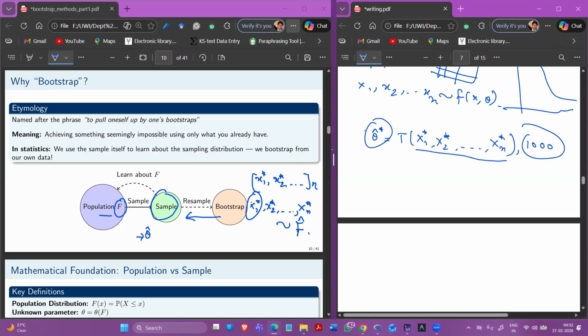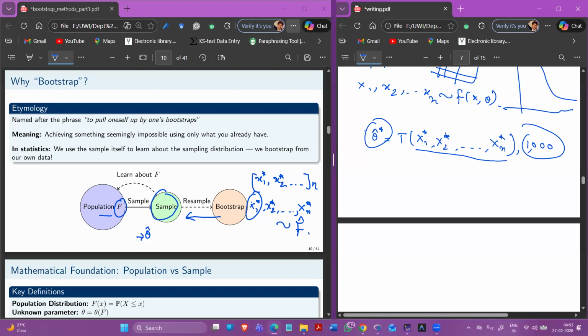At 1000 it will converge, but we cannot say that exactly 1000 is enough or more than enough. Maybe sometimes we need more than 1000 iterations, or sometimes maybe only 1000. But they said a minimum of 1000 repetitions is needed to approximate the population CDF.